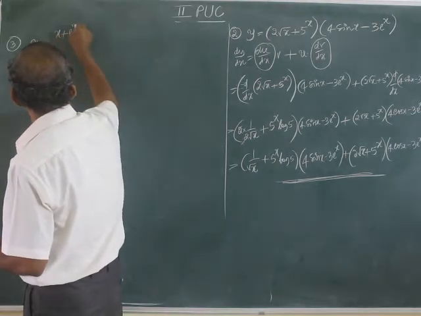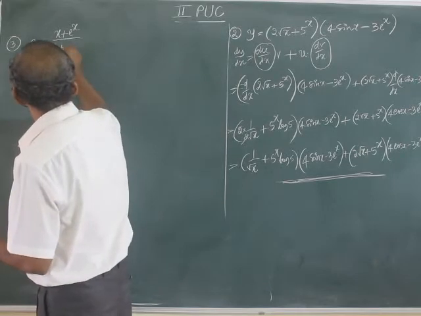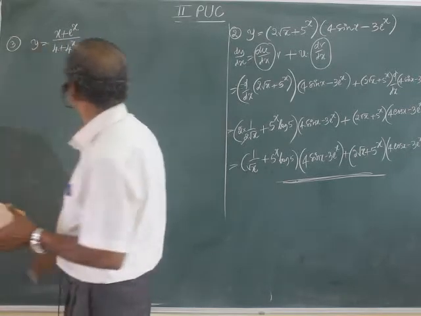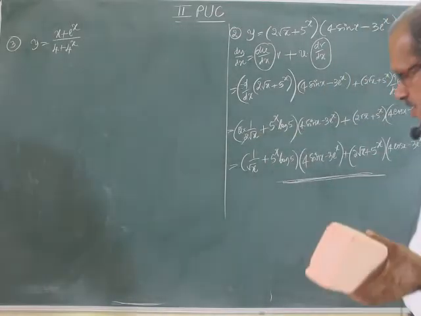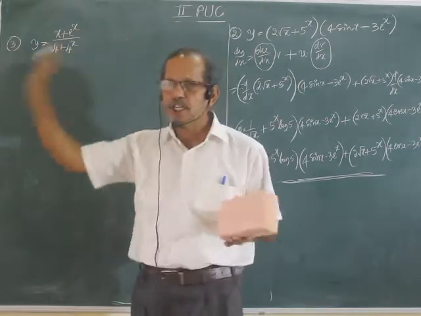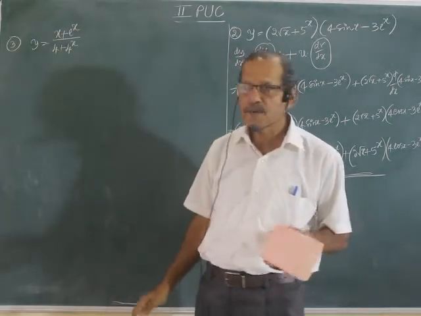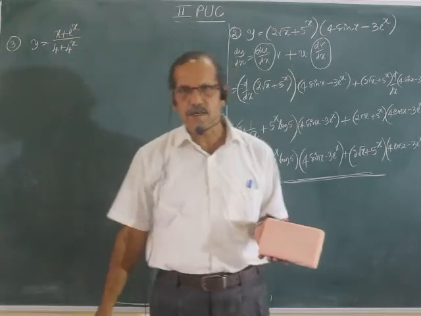X plus e to the power x numerator, 4 plus 4 to the power x denominator. Quotient formula. I have taken e to the power x as well as e to the power x. That's all.